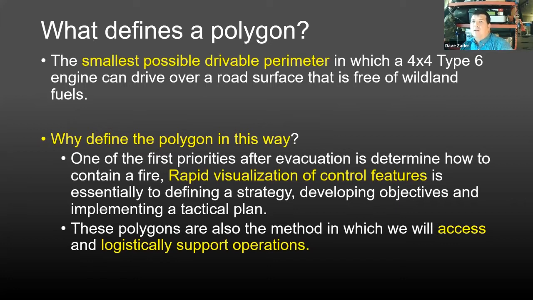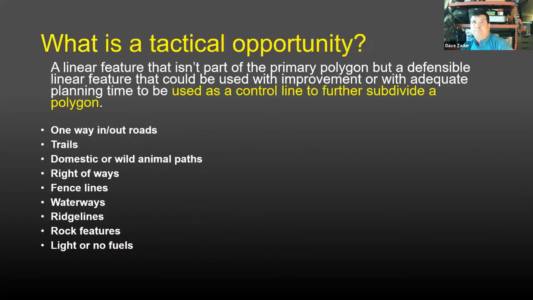And I also need to be able to logistically support those operations. So that becomes the basic polygon. You can break these polygons up into smaller pieces using what I refer to as tactical opportunities, but this is the smallest definable unit that we're after for planning.